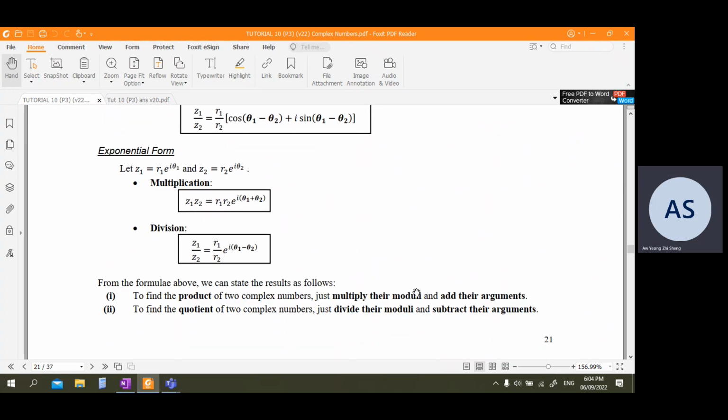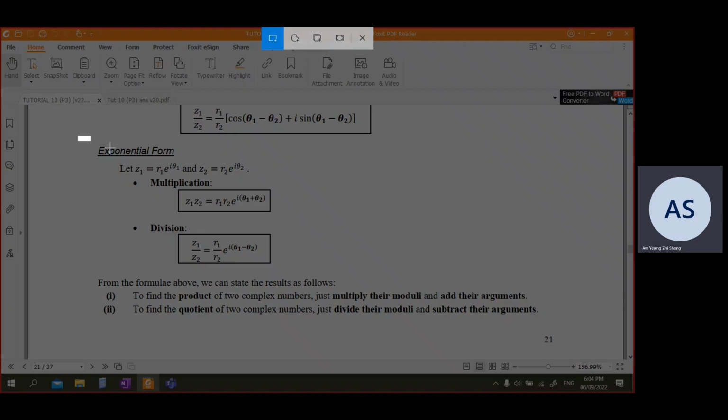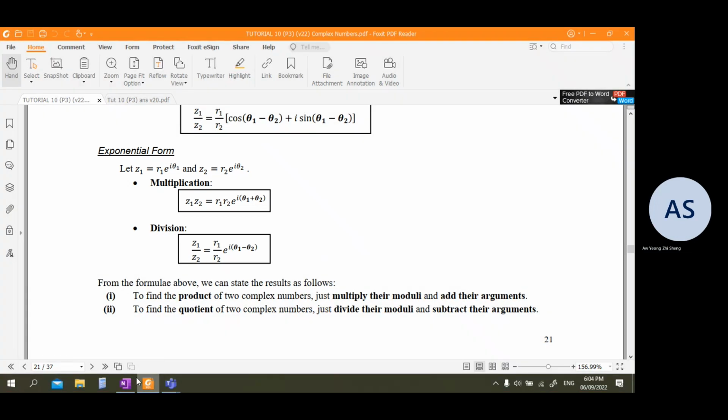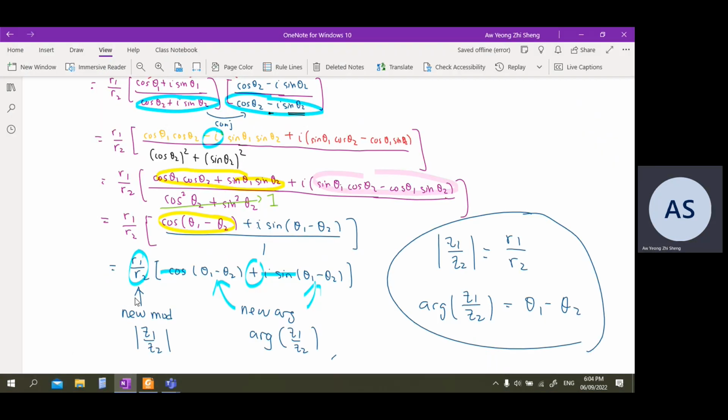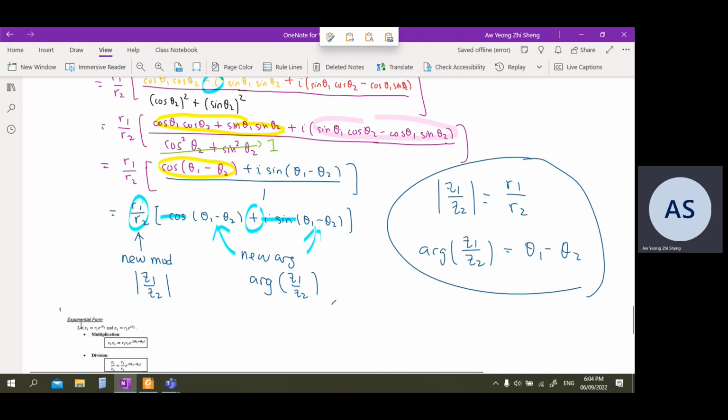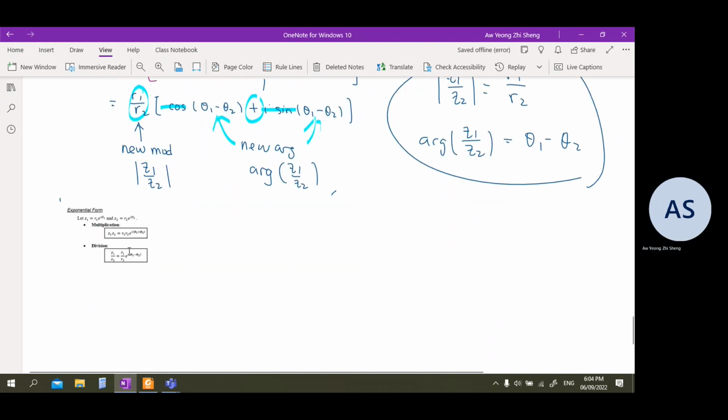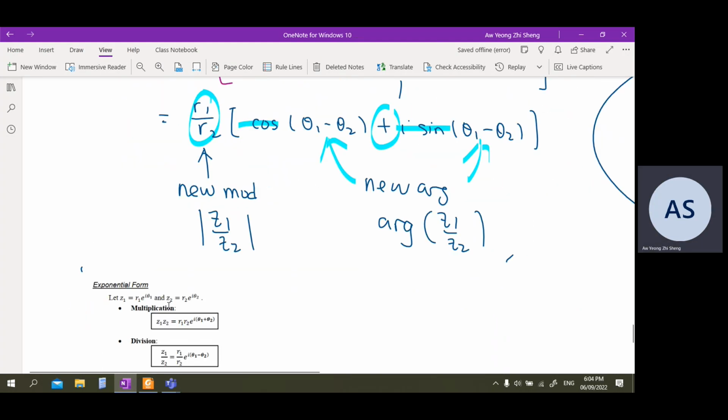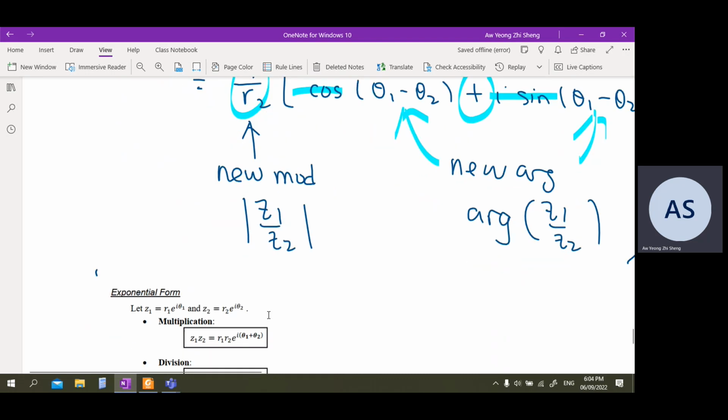Okay, so moving on to exponential form, this will be even easier to understand because this is just an application of the law of indices. The result we have here for exponential form is of course consistent with the result we have for modulus argument form.